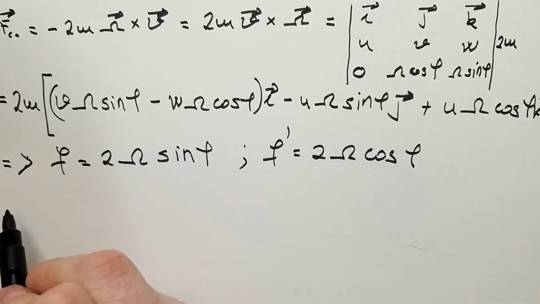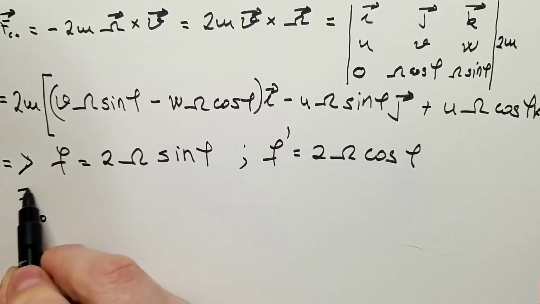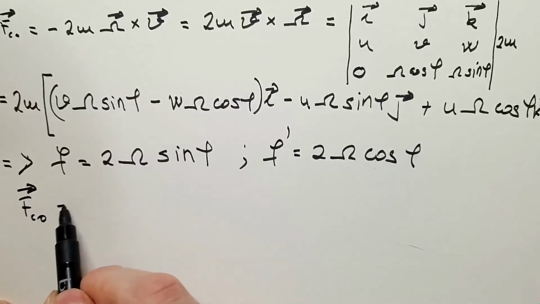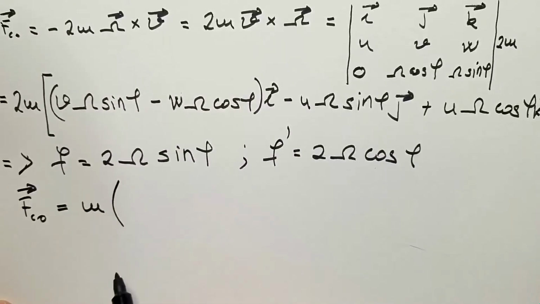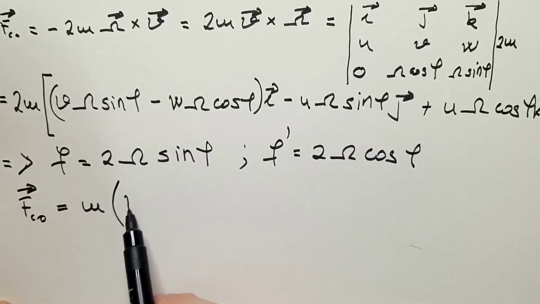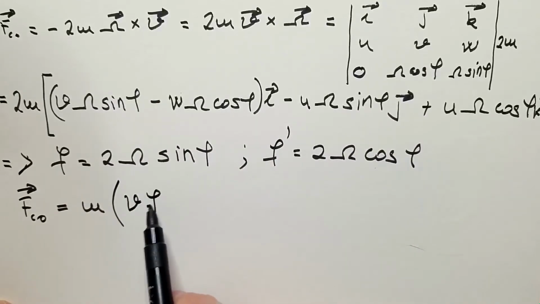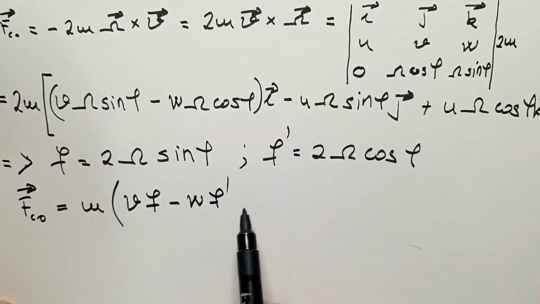And then the Coriolis force has the following components: m, which is mass, and then the component in the i direction is Vf minus Wf prime.